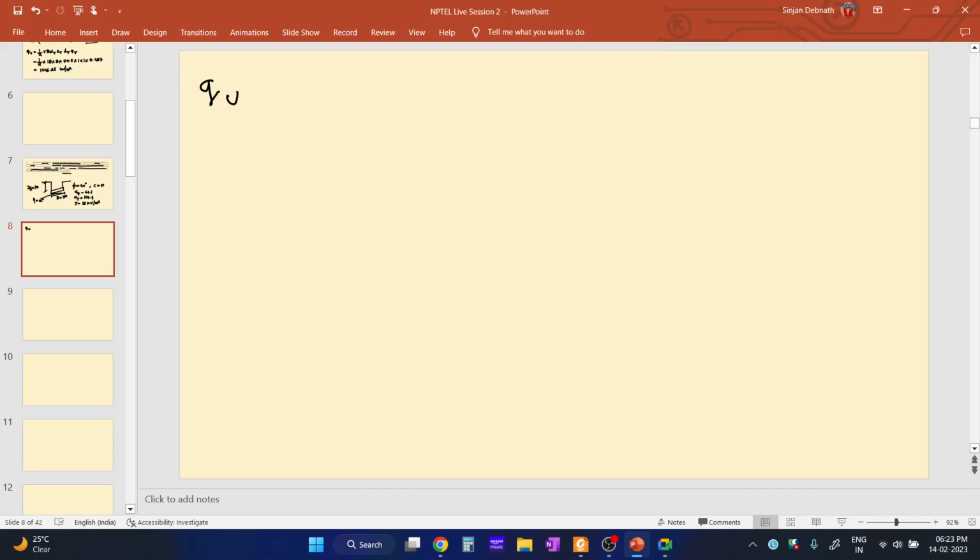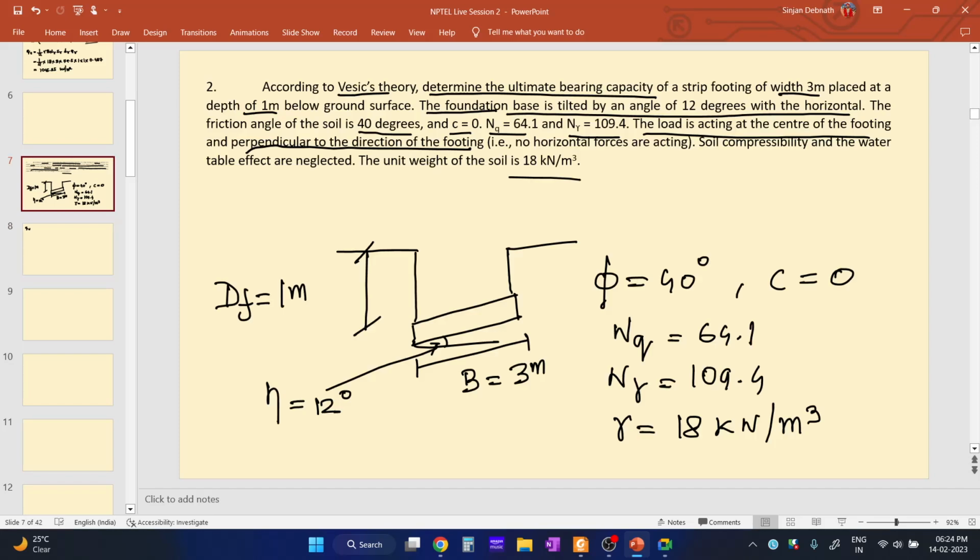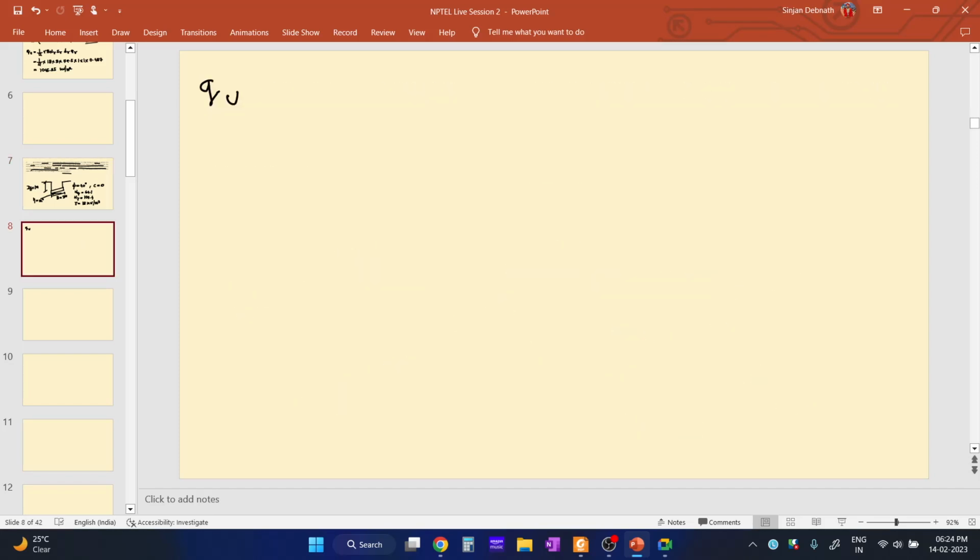So only the second term and third term will be present, because the second term will also be present because the depth is 1 meter, I believe. The depth of the footing is 1 meter. So the second term will also be present over here. So let me write down the second and third term.